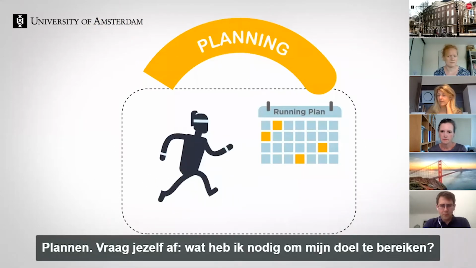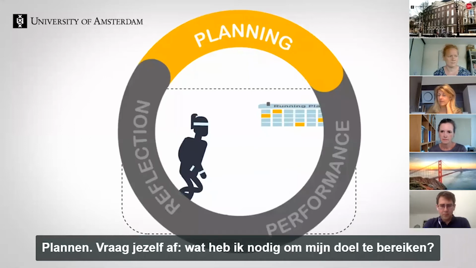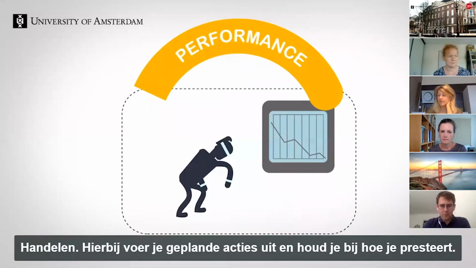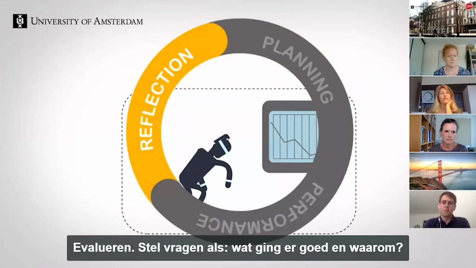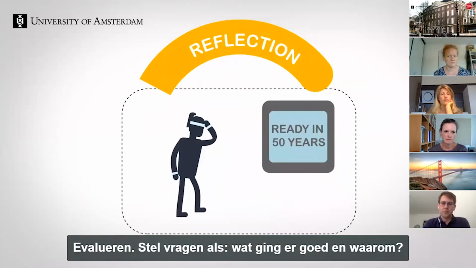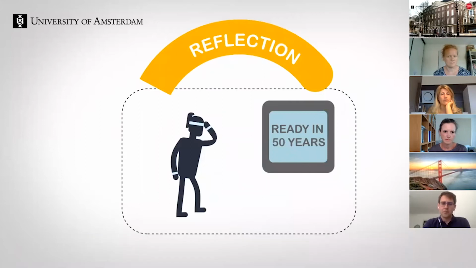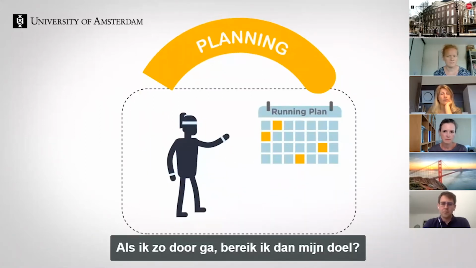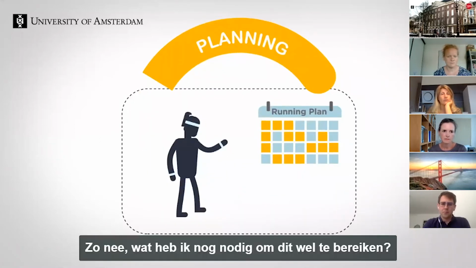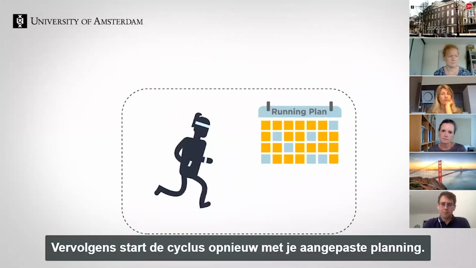Planning. Ask yourself, what do I need to achieve my goal? Performance. Use strategies and monitor your performances. Reflection. Ask questions like, what went well and why? If I continue, will I reach my goal? If not, what will it take to do so? Subsequently, use results from previous performances to guide you through the next cycle.